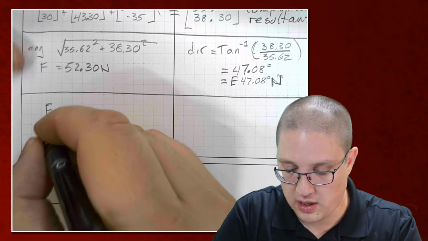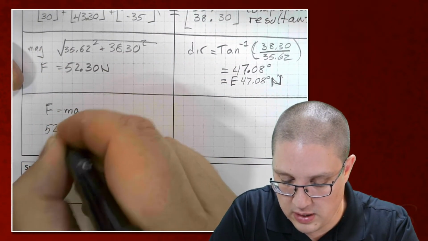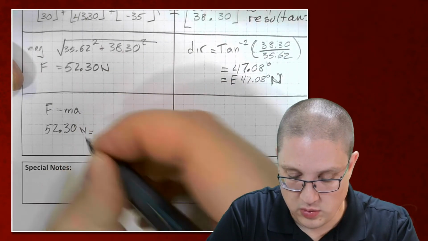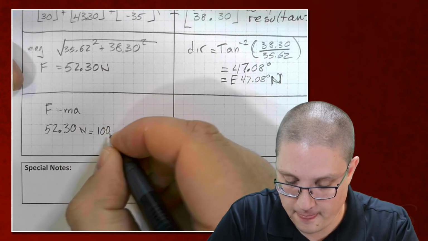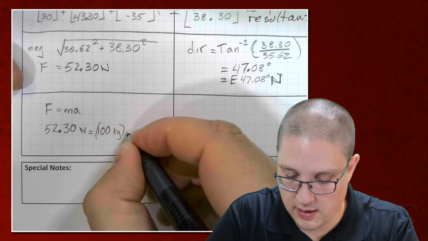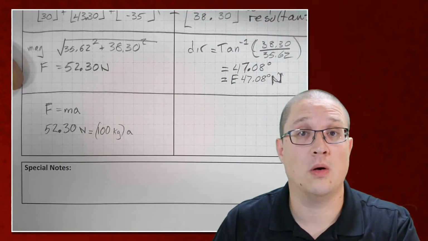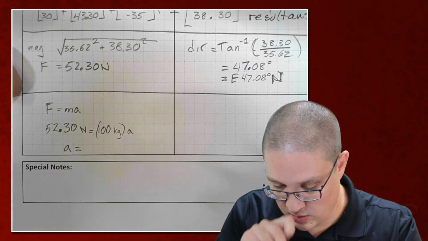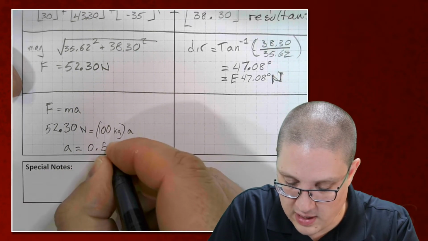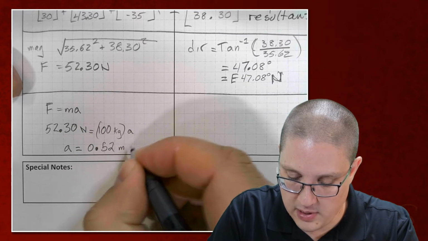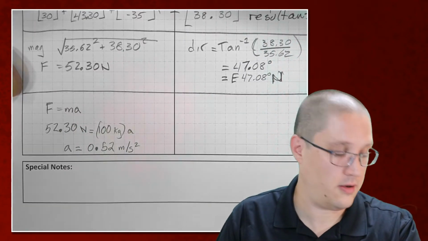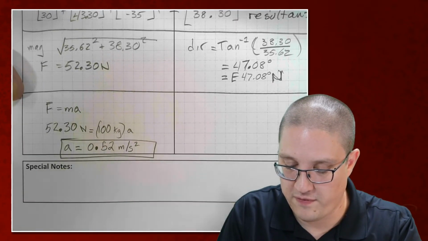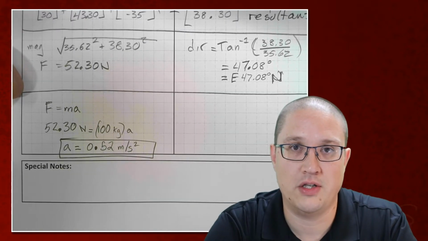My force here, I've got 52.30 newtons, equals, my mass is 100 kilograms, and that's multiplied by my acceleration. So doing the algebra here, my acceleration is going to be 0.52 meters per second squared. Okay. There we go. 0.52 meters per second squared is my final answer for my acceleration.